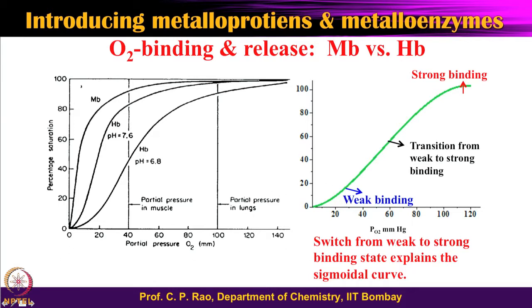So, look on the right side, this is a sigmoidal plot. In the sigmoidal plot, you have a weak binding in this region and a strong binding in this region. That means the protein has one kind of conformational structure here and a different conformational structure there.